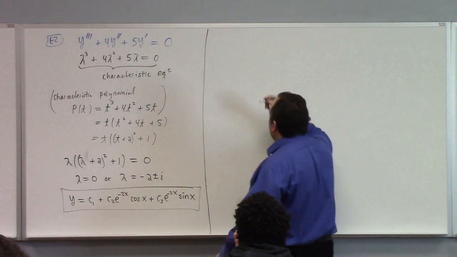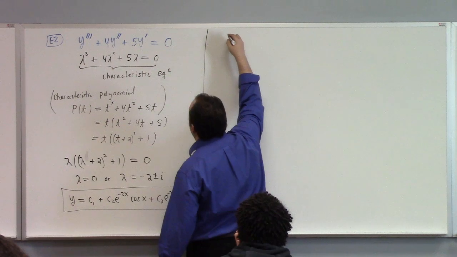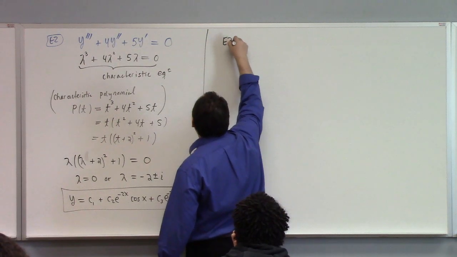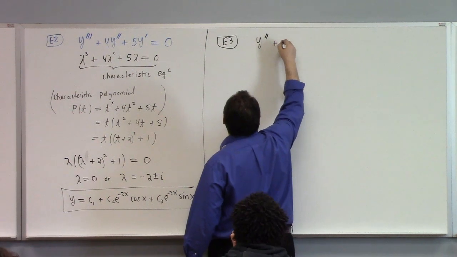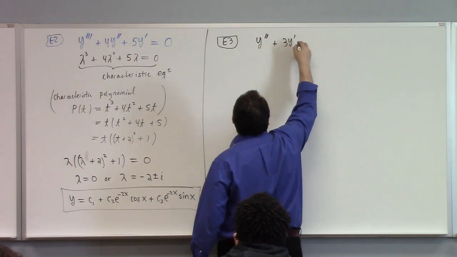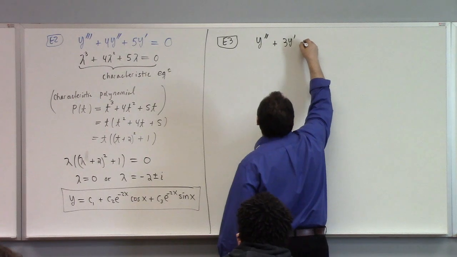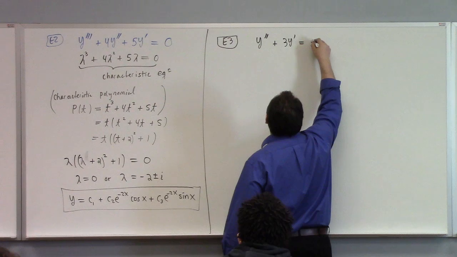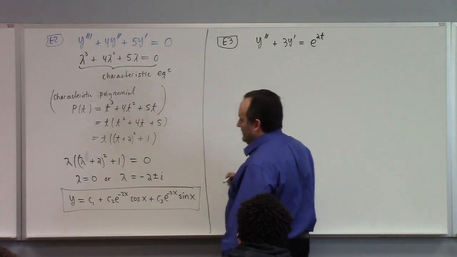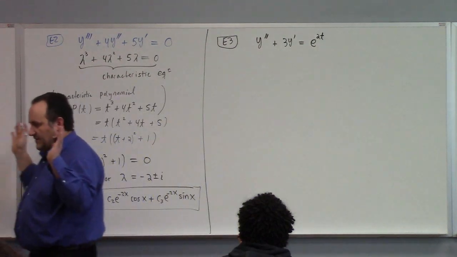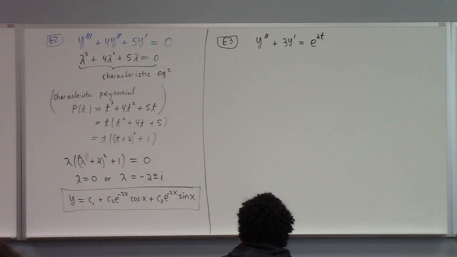So let me give you a typical warm-up example here. Suppose you wanted to solve y prime prime plus 3y prime equals, I don't know, let's say e to the 2t. All right, we'd like to solve. We haven't done anything like this yet because this is a non-homogeneous problem.